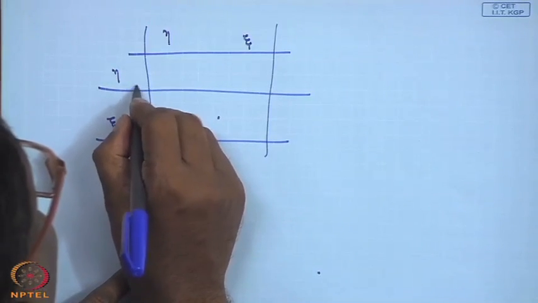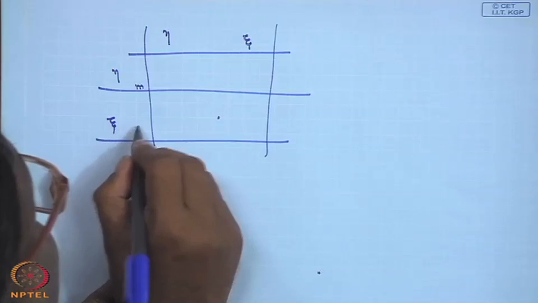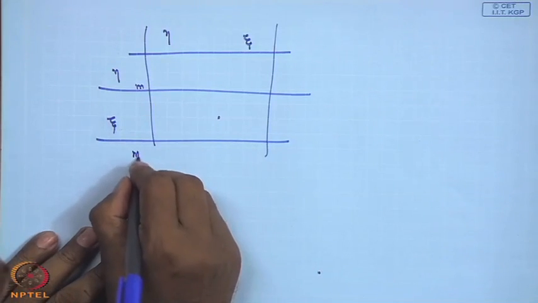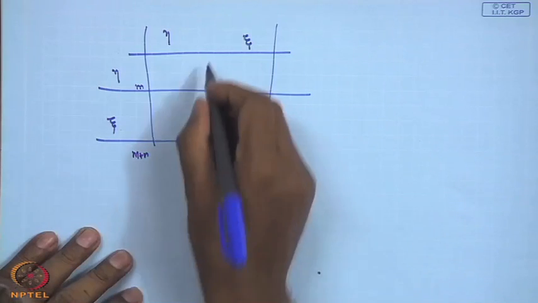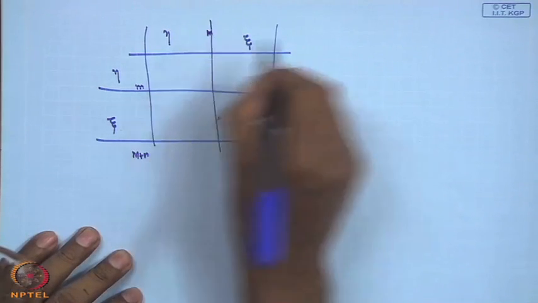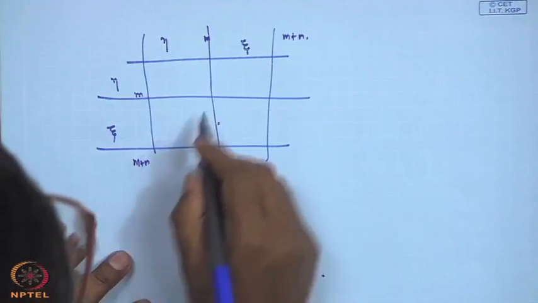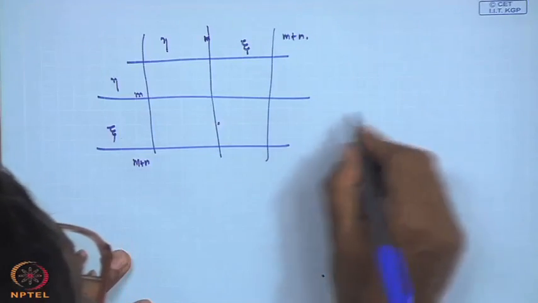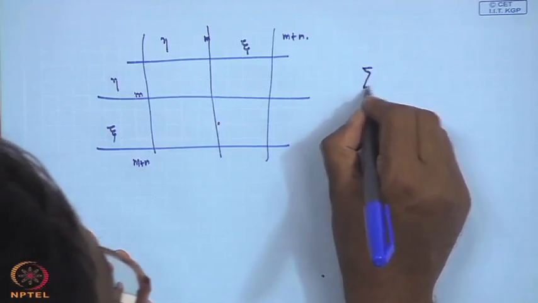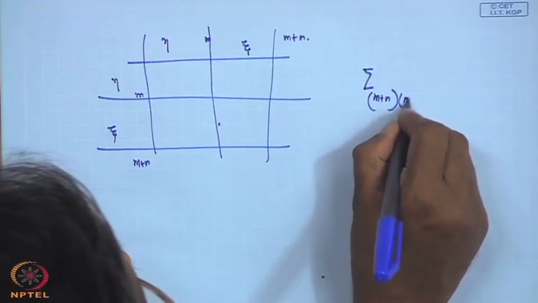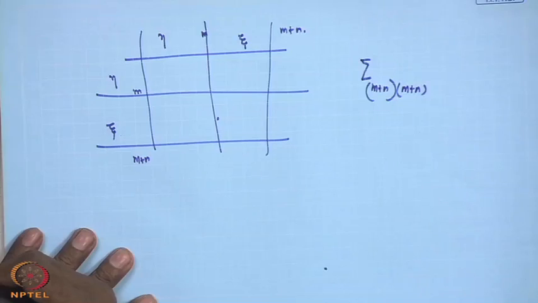The eta variables are m, the xi variables are n. So, the total is m plus n here, and here also m plus n. Now, in total we are talking about the matrix sigma, which is m plus n cross m plus n.